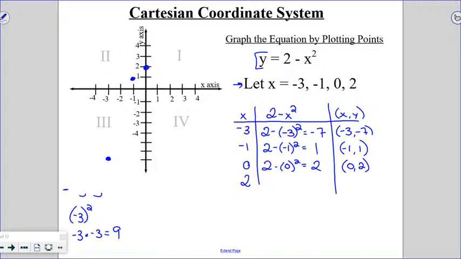Right or left 0, up 2. 2 squared is 4. 2 minus 4 is -2. Right 2, down 2.